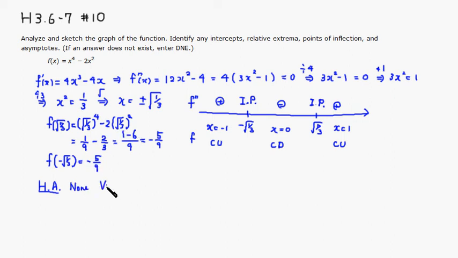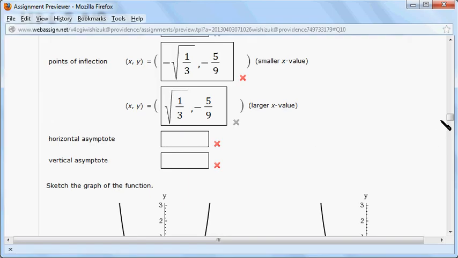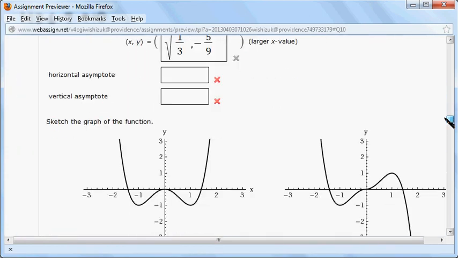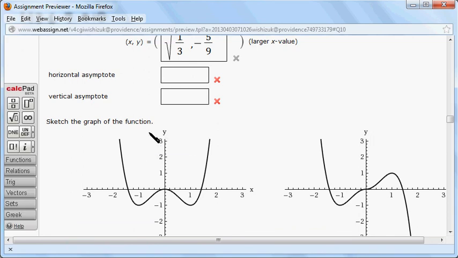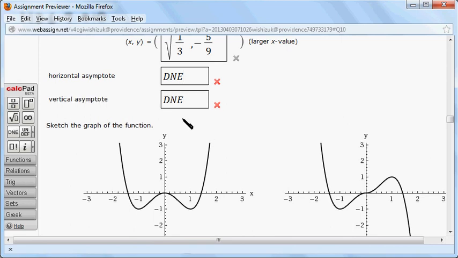And for vertical asymptotes, again, we cannot make this blow up with a finite x value, so there's none. So go back and type that in. DNE. Does not exist there, and here also does not exist.